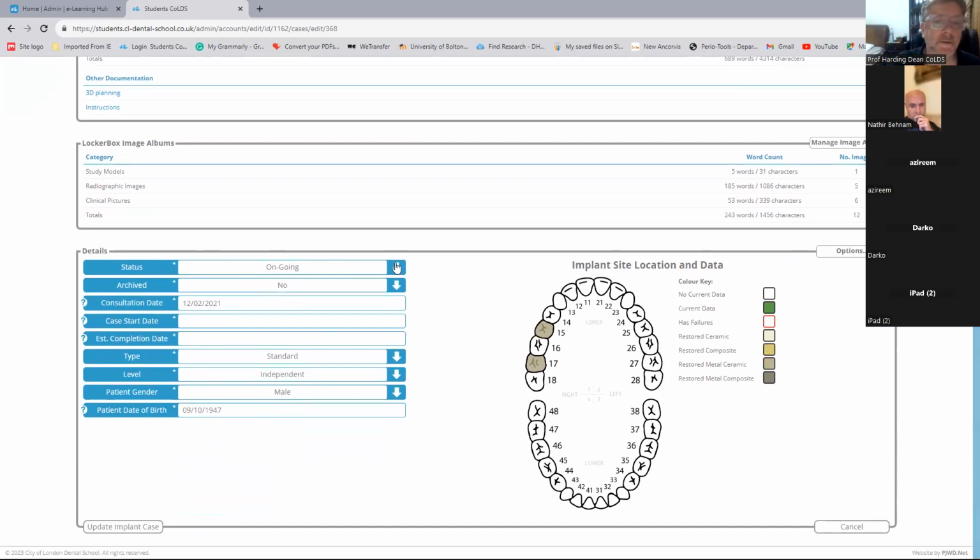Now the case is still ongoing because we perhaps haven't finished writing up all the data. The time at which you complete it is when you've got everything done. Now we normally make this completed. I can't remember on this version of the program, but if you haven't put all the data in, it's not going to let you complete it.